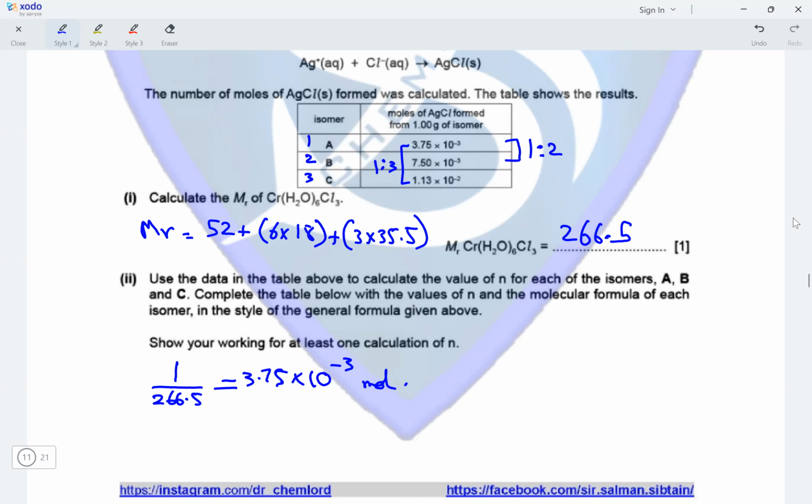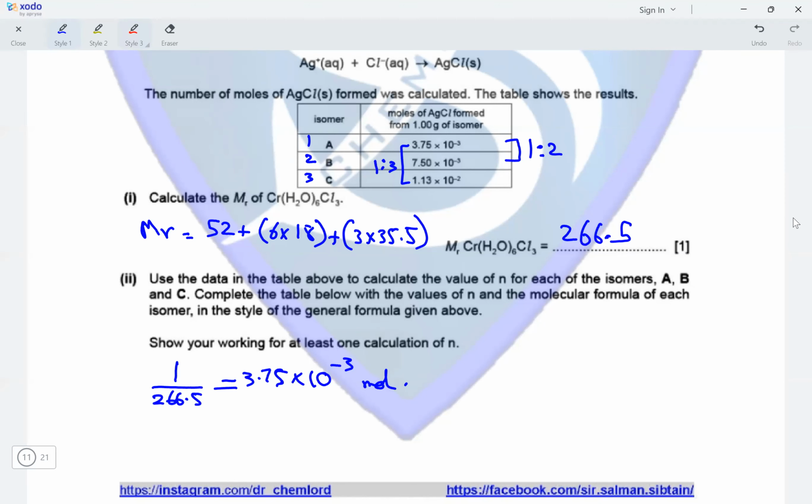Comparing with A, we've got an equal number of moles of AgCl forming. So that means that the chloride ion reacting with Ag positive is a single chloride ion.